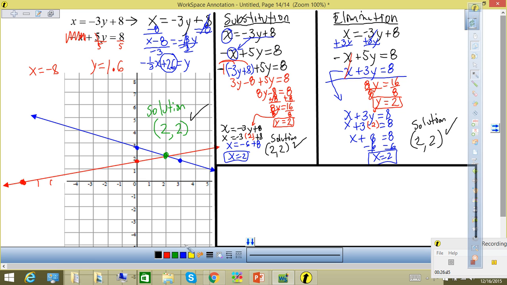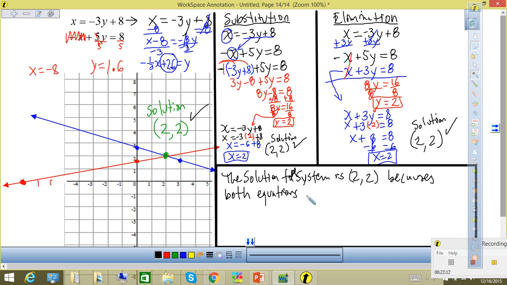Olivia: The solution to the system is 2, because both equations are true, and it's where the two lines intersect.